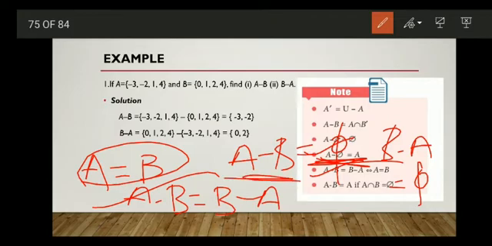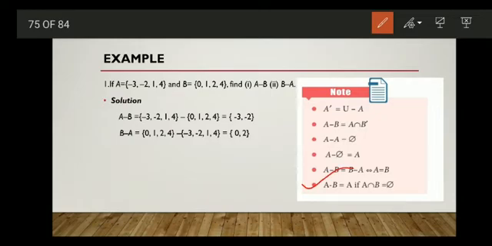Because A is equal to B. A minus A is equal to empty. B minus B is equal to empty. So A difference B is equal to B difference A if and only if A is equal to B. Okay.